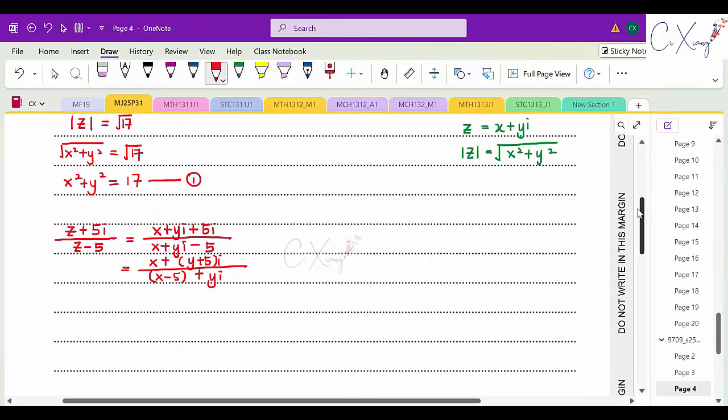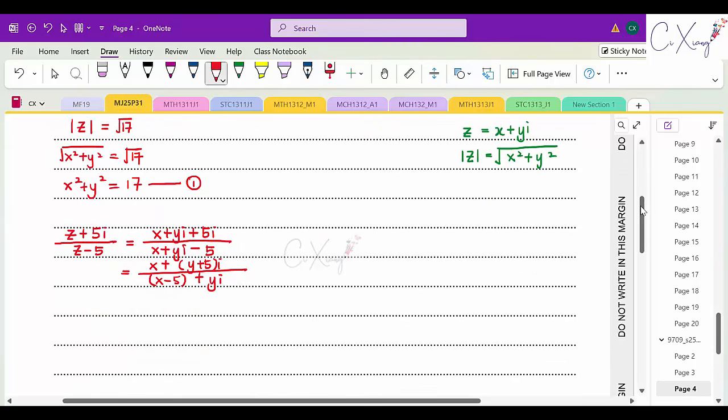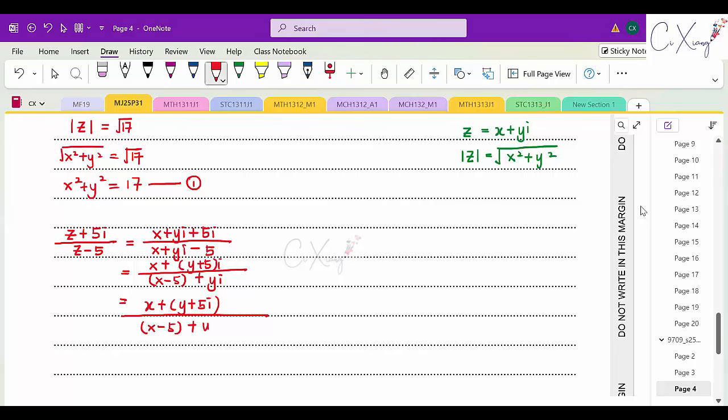From here you can see that I have a fraction with a denominator with the i. To get rid of the complex number i in the denominator, we need to rationalize it by using the conjugate of the denominator. So multiply by the conjugate of the denominator.